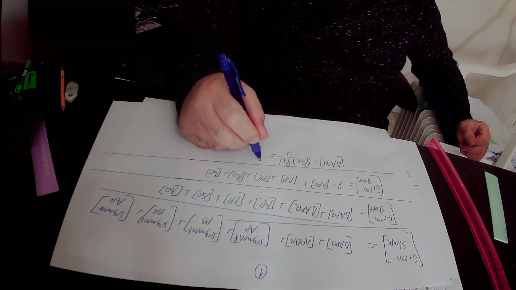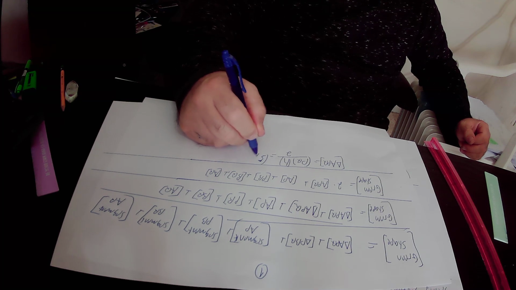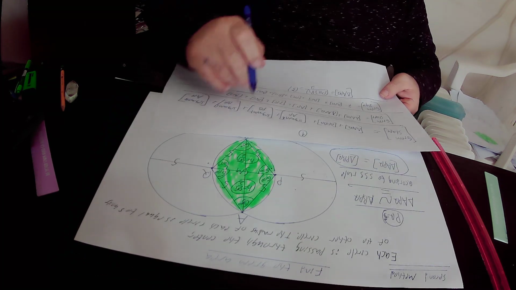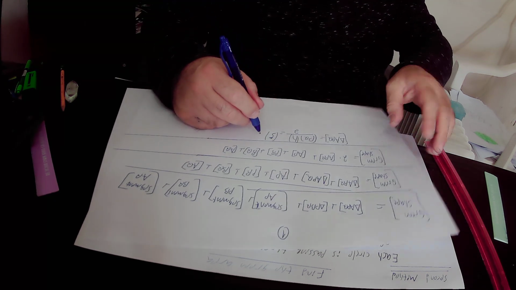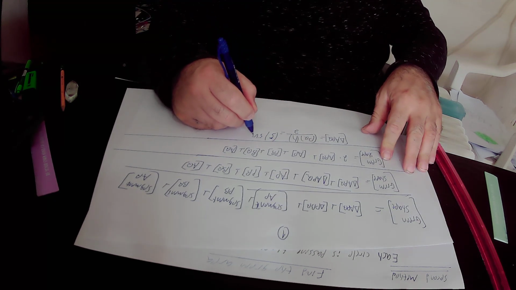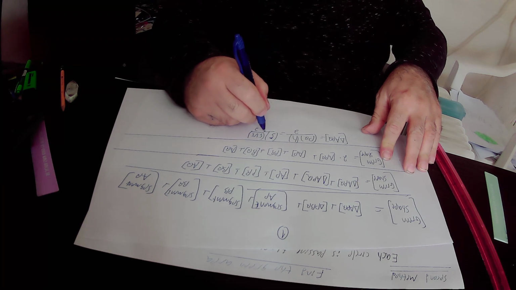We have already found out that PQ equals 5 units. PQ equals 5, and H equals 5 times square root of 3 over 2. And all divided by 2.